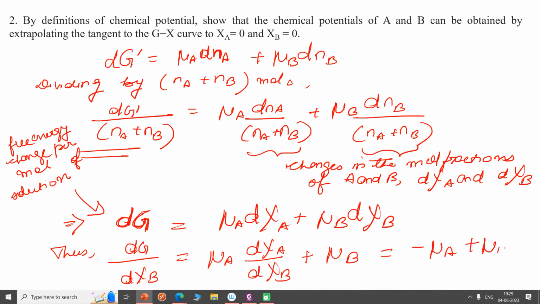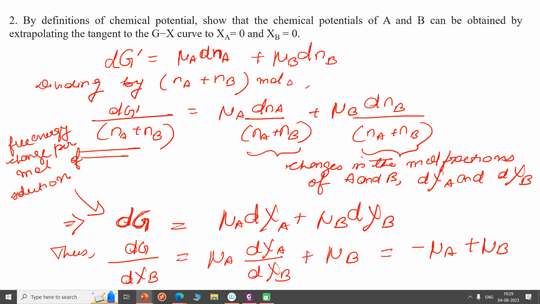Now why is that? Because χA plus χB is equal to 1. If I differentiate both sides, dχA plus dχB is equal to 0. Therefore, dχA is the negative of dχB, and that is what we have applied here. Both are equal in magnitude, so it will just cancel and we will have minus 1, right?